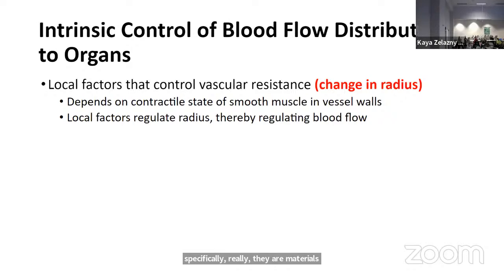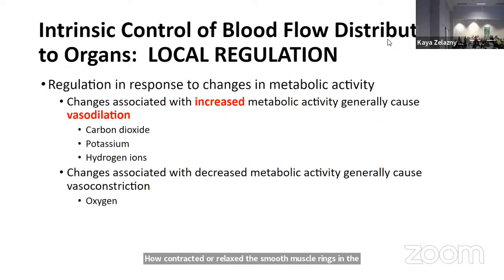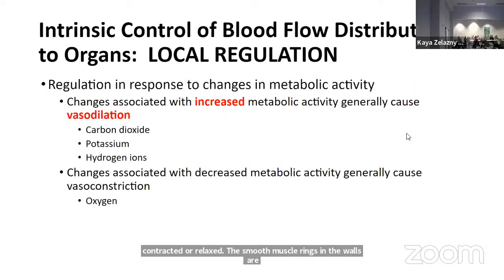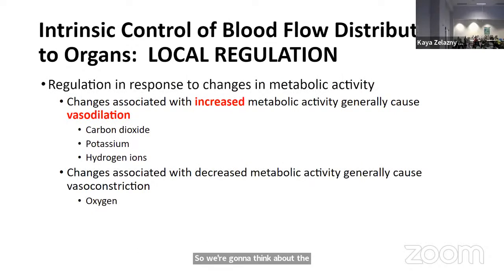So they are going to either contract, so vasoconstriction, or dilate, vasodilation, those arterioles. And they're doing that by changing how contracted or relaxed the smooth muscle rings in the walls are. Okay. So we're going to think about the factors that create constriction versus dilation.